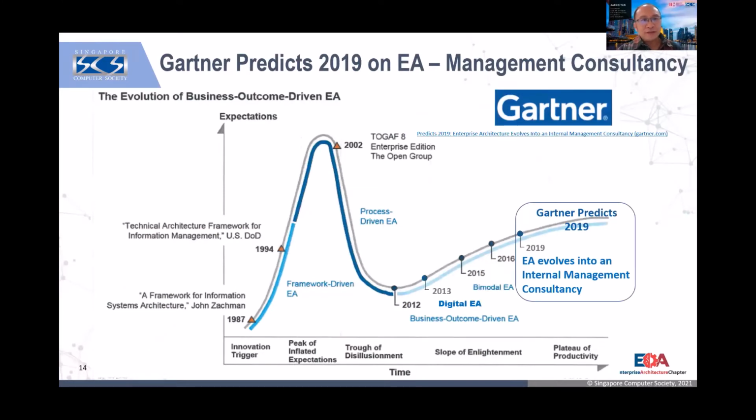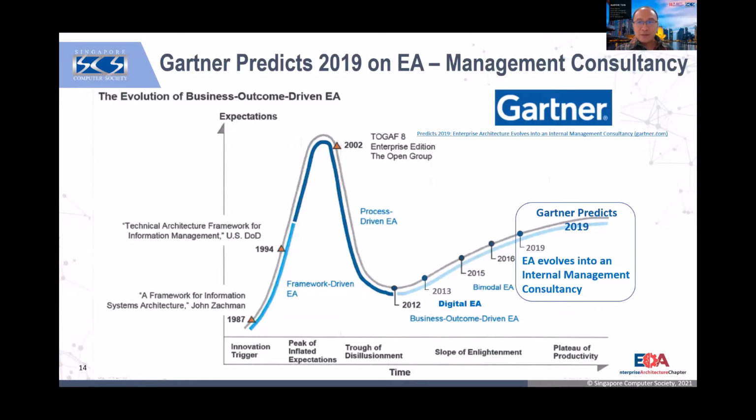And of course, interestingly, in 2019, about 3 years ago, Gartner made a prediction on the EA, as they do every year. So here, as you can see, Gartner said that EA evolved into an internal management consultancy. If you are working in a typical organization, you are used to engaging a world-class management consultancy.